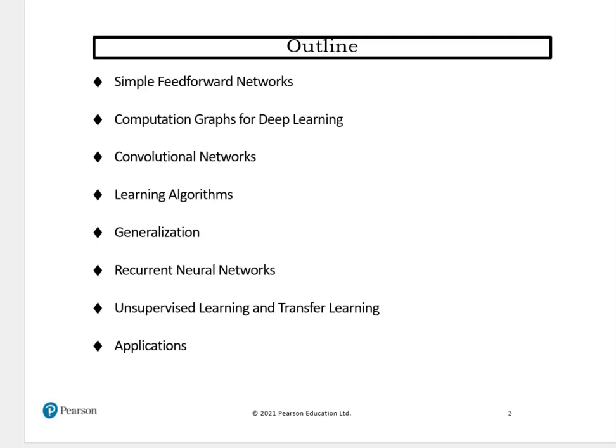So for deep learning to be able to really distinguish itself from other machine learning approaches like logistic regression or support vector machines, the idea here is that instead of using one very large layer, we're going to instead use a bunch of connected layers one after the other that will allow us to capture more nonlinearity in the data than we could with just a flat model like logistic regression.